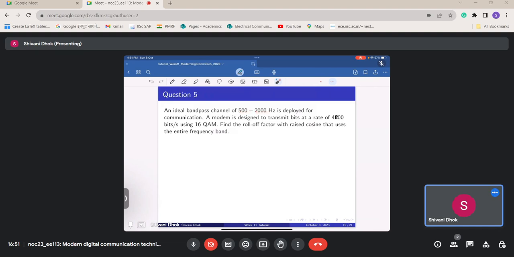So what does it say is, we have this 500 hertz and 2000 hertz, similarly minus 500 hertz and minus 2000 hertz.